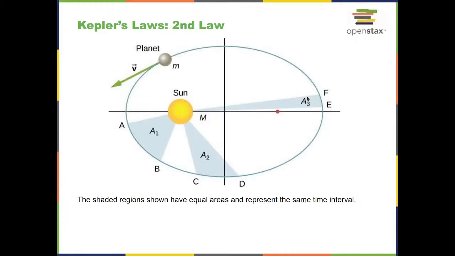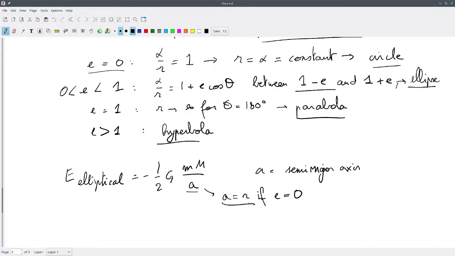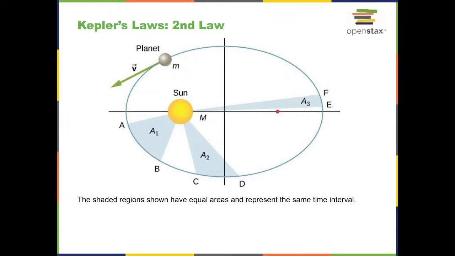It actually relates the total orbital period to the surface area of the entire ellipse. So if you think about it, the second law is looking at the different surface areas along the ellipse. If we look at the entire orbit, what Kepler's third law says, I don't have time to write it down, is that the square of the orbital period is proportional to the third power of the semi-major axis. So again, half the distance along the longest line in the ellipse.